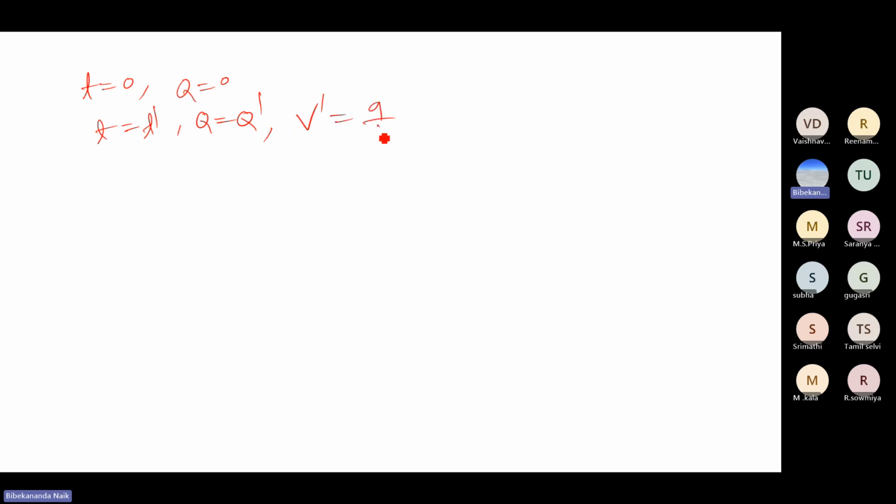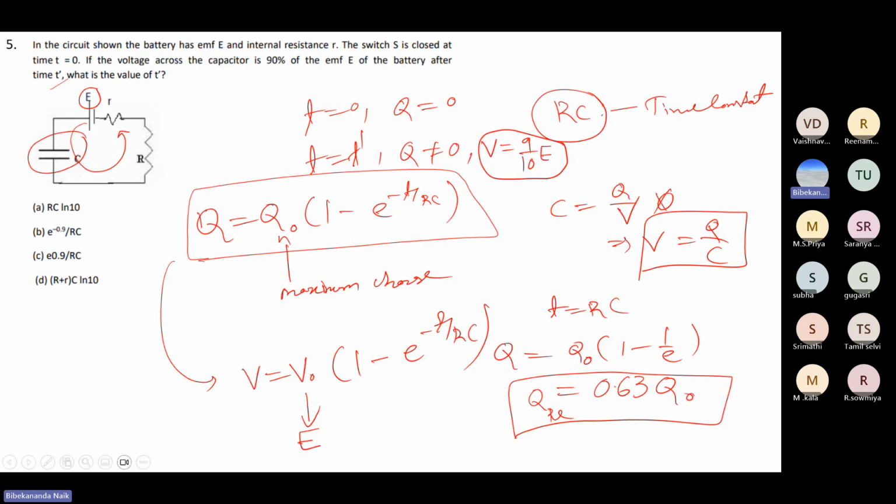Now this V prime is 9 by 10 of E, that is 90% of E. Now if you put here t equal to t prime, as you can see, the EMF has an internal resistance r and there is another resistance capital R which is connected. So the resultant resistance will be r plus R. As they are in series, they will be added up. So the time constant here will be (r plus R) into C.